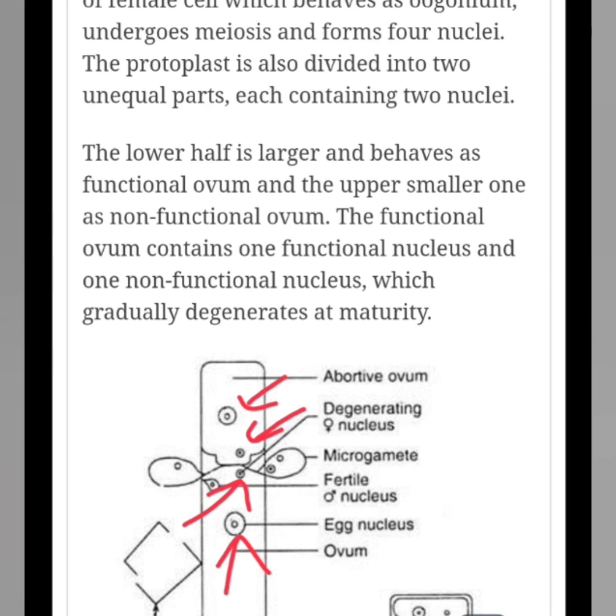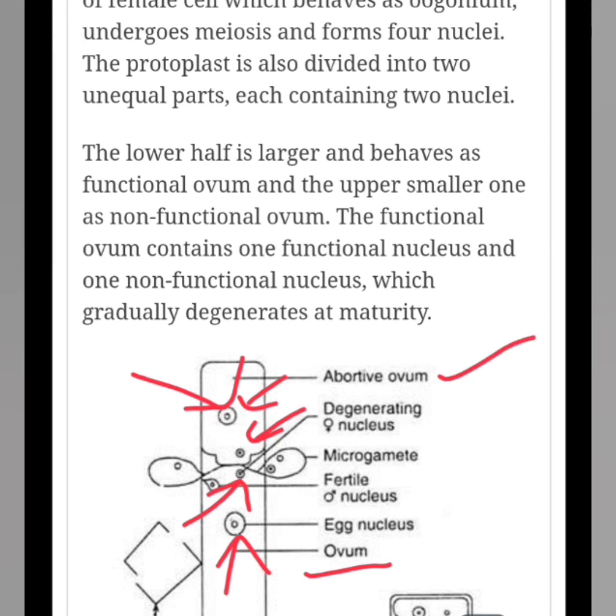So the lower half of the cell of the oogonium, you can see, is larger, and it behaves as a functional ovum. The upper one is smaller and it is a non-functional ovum, an abortive ovum.